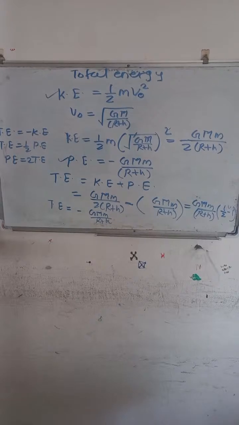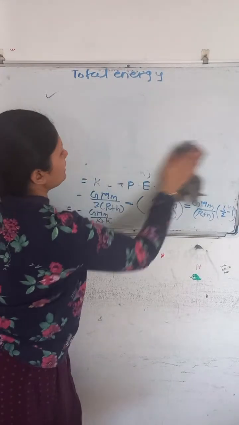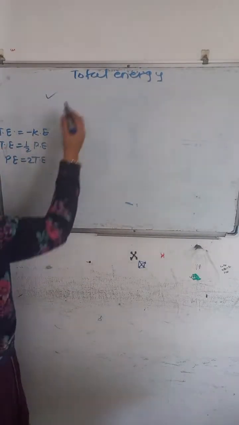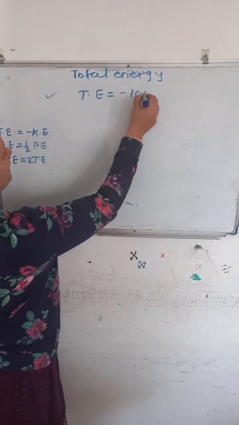So just now we calculated the total energy expression, as well as we did one derivation, means we found the relation between the total energy, kinetic energy and potential energy. So here in this problem, total energy is given. Okay, so here total energy is nothing but minus 100 joule.